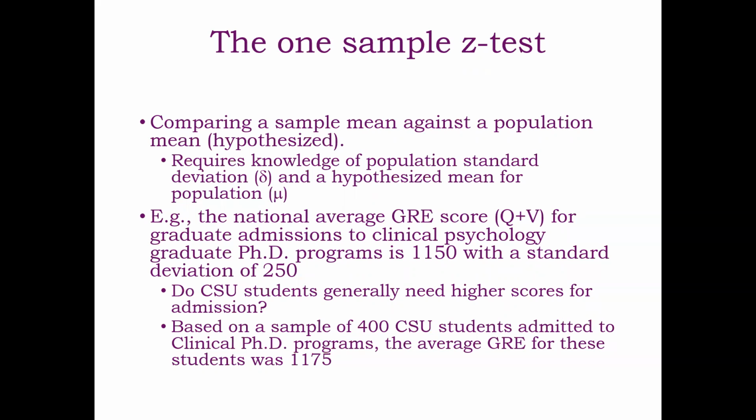So you might ask, do CSU students generally need higher scores for admission? Based on a sample of 400 CSU students admitted to clinical PhD programs, the average GRE for these students was 1,175, so 25 points higher. Is this different than the average of 1,150?